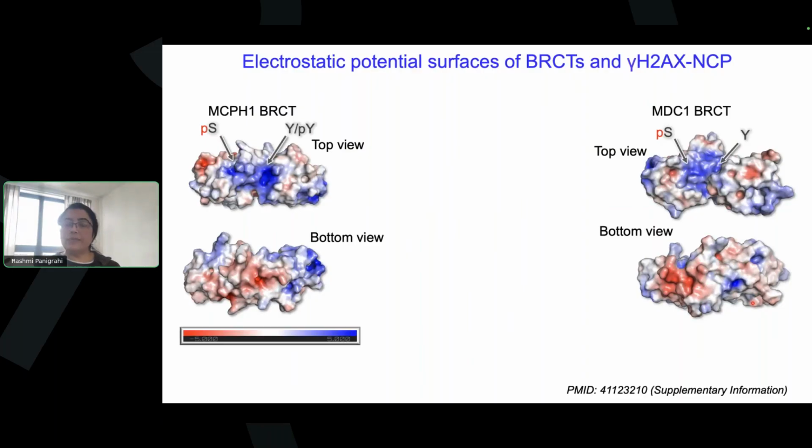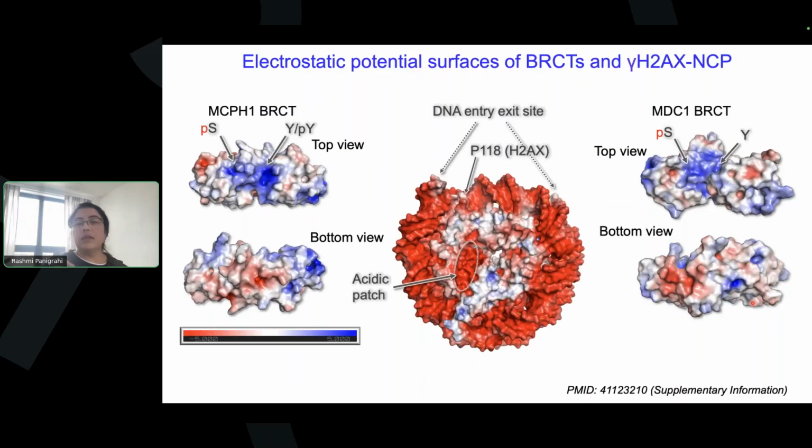And why we need that positive patch is because, as you may know, the nucleosome is highly negatively charged. One, because of the phosphate groups of the DNA, and two, because of the acidic patch. So in order for the BRCTs to sit on these nucleosomal surfaces, they need to have an extensive positively charged patch to have charge-charge interaction.